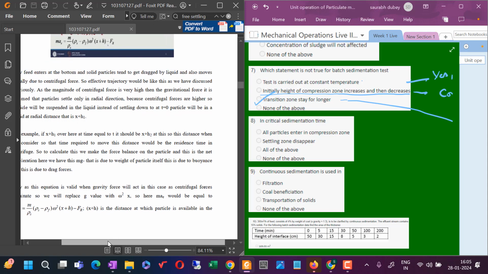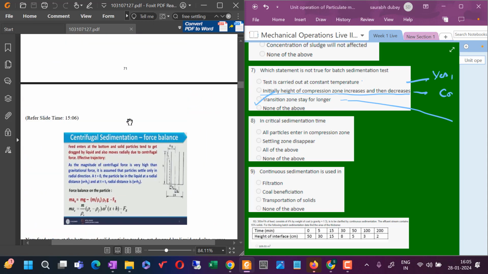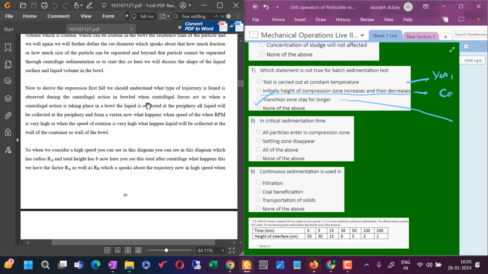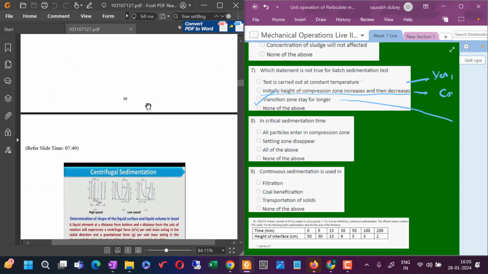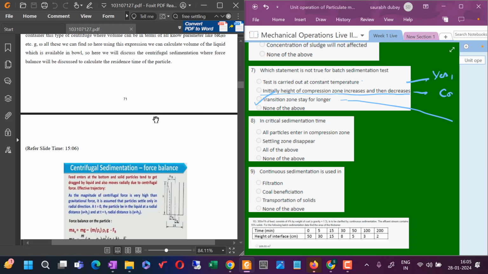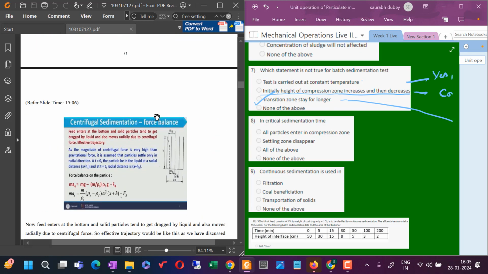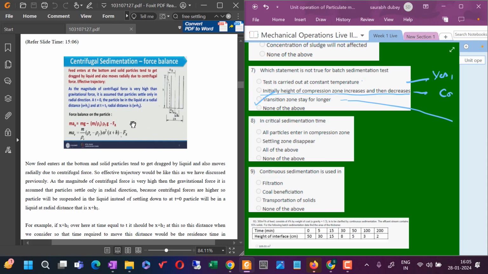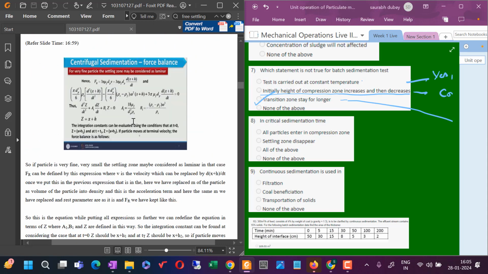There you came to know that when all the particles are in the compression zone, the settling zone disappears. So both options appear to be correct, but what are the other features of the compression zone?